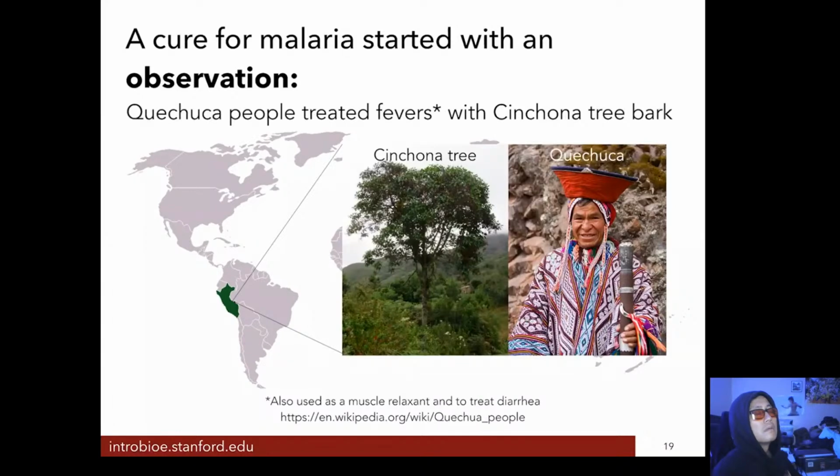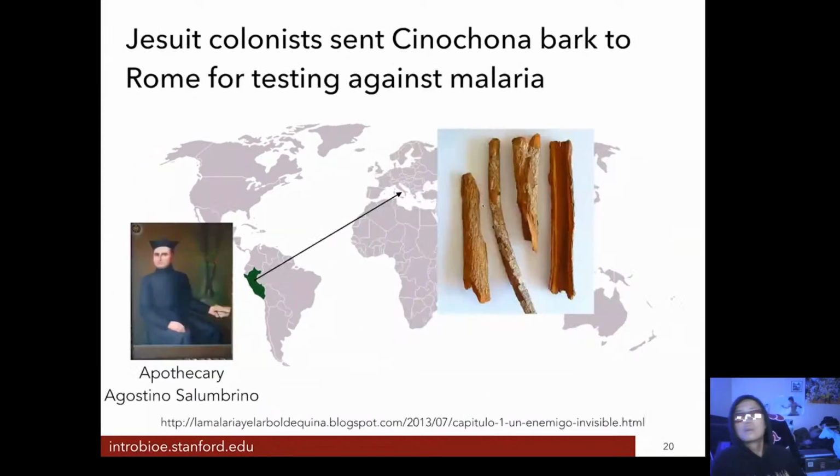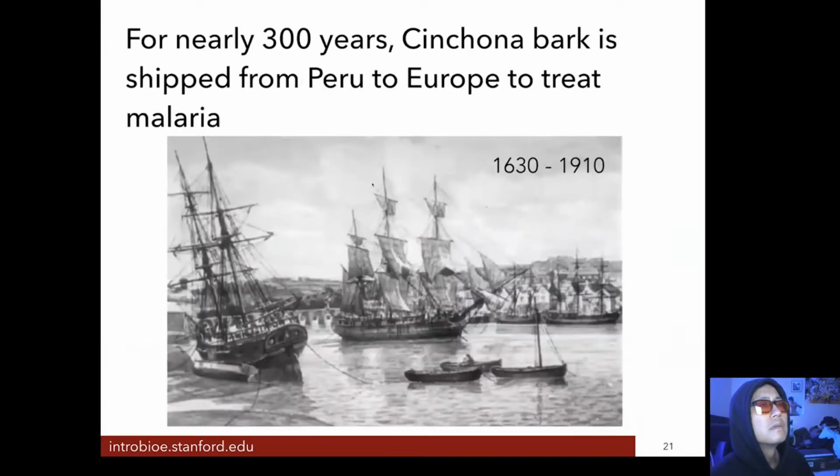And this was noticed by a Jesuit colonist who had come over from Spain, where there was a lot of malaria, and thought, hey, if this cinchona tree bark can be used to treat fevers, maybe it can be used to treat that fever that's going around in Spain. And so he sent a sample of the cinchona tree bark back to Spain. And then for 300 years, cinchona bark is shipped from Peru to Europe to treat malaria.